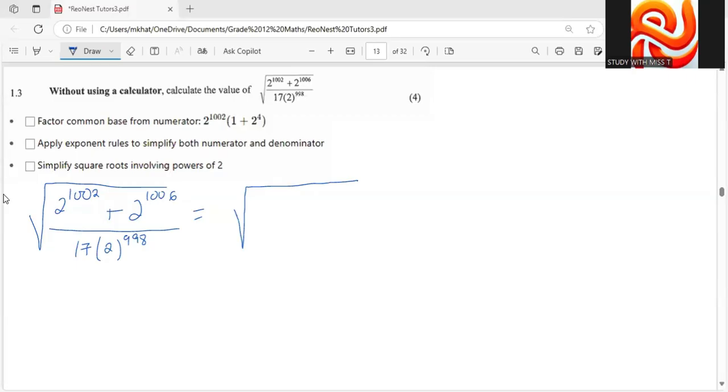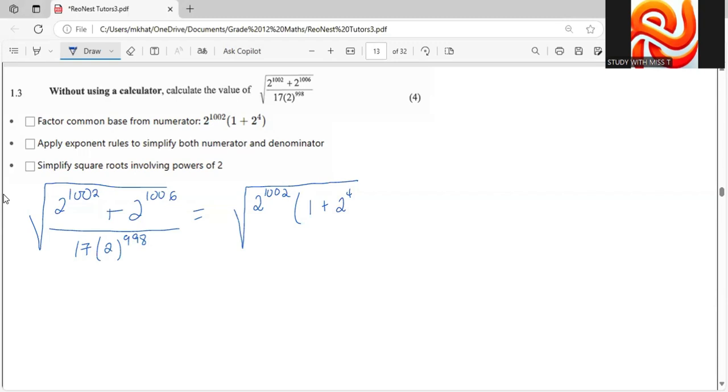We are going to factor out the common factor, especially using the product rule. So in this case, I'm going to factor out 2 to the power 1002 times the bracket 1 plus 2 to the power 4.